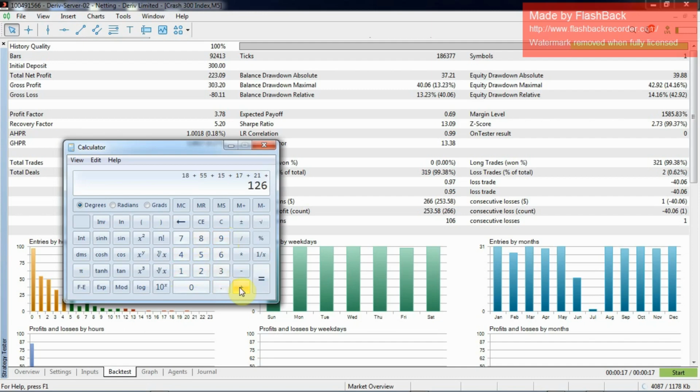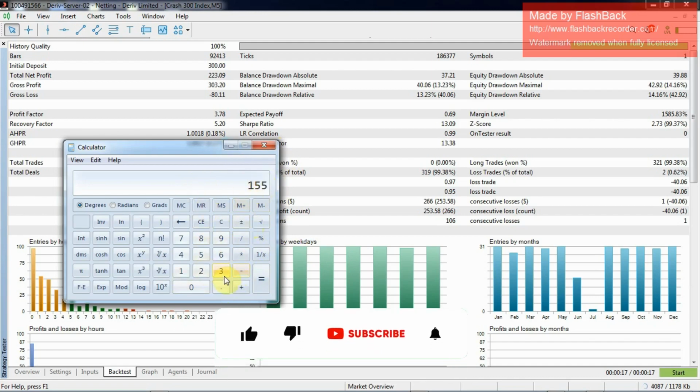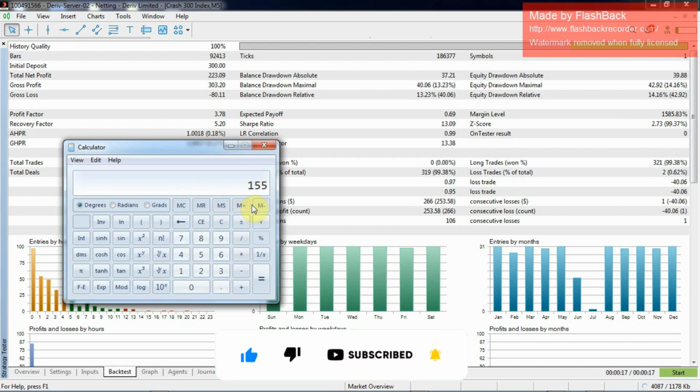So plus 29, that's $155. If you're using a relatively comfortable account, a big account, and you're risking to trade all of them with the smallest lot sizes, that would be your monthly target.